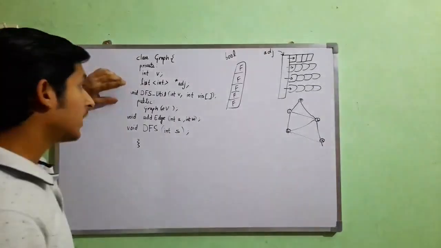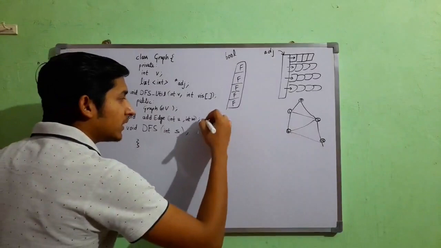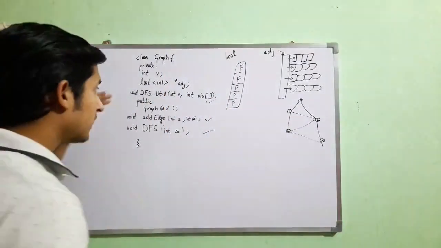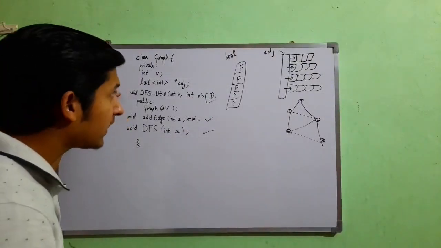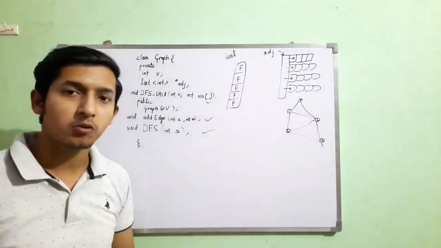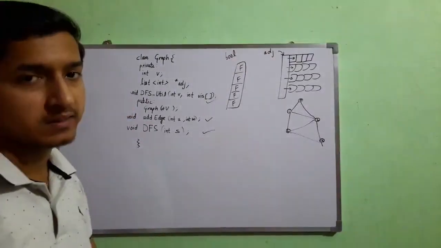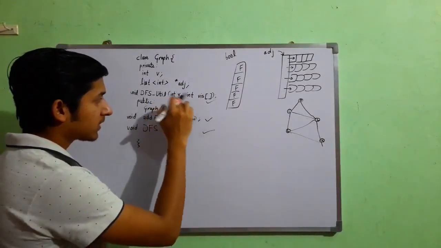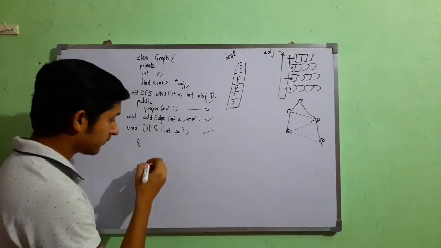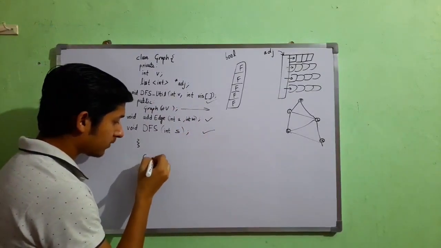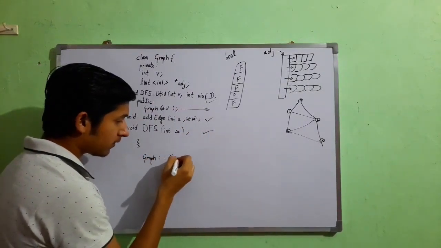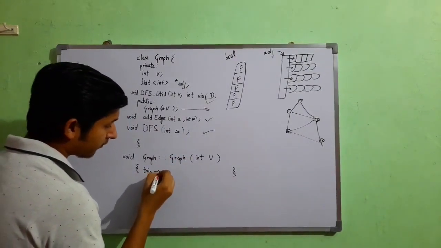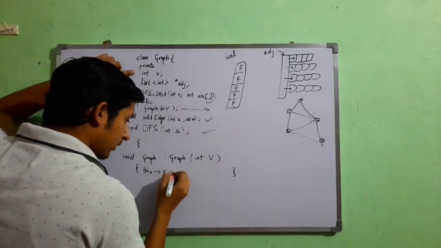So after this I can declare this outside, and this outside. Do not think that it's under private section, so how can we declare it? It's a function. A data element declared inside private section cannot be accessed from outside, but any function can be accessed. So firstly I'll declare this constructor. So I'll write graph, it initializes this v with this.